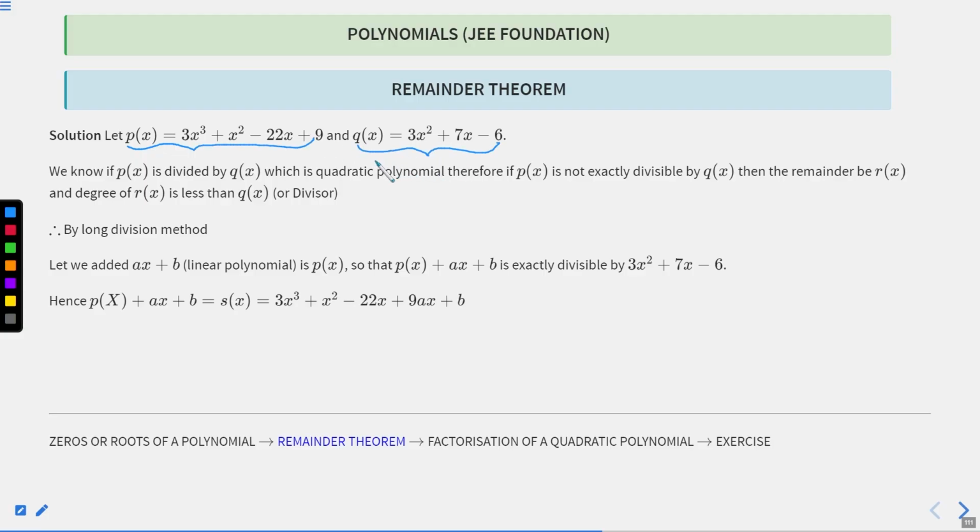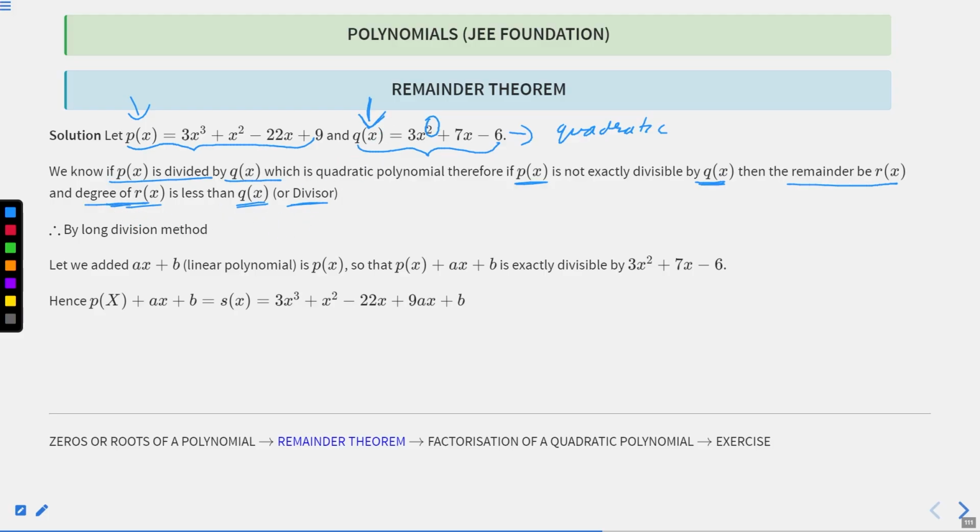Now p(x) is divided by q(x), and if you see, q(x) is quadratic, which means the degree is equal to 2. If p(x) is not exactly divisible by q(x), then the remainder is r(x), and the degree of the remainder is less than that of q(x), the divisor.